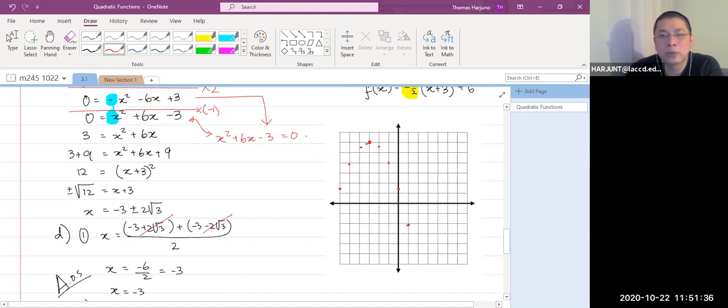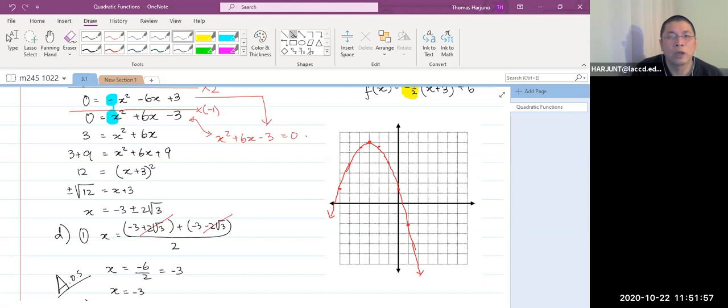Okay, so the graph will look like this. And on top of that, don't forget we have the axis of symmetry to put the details on.